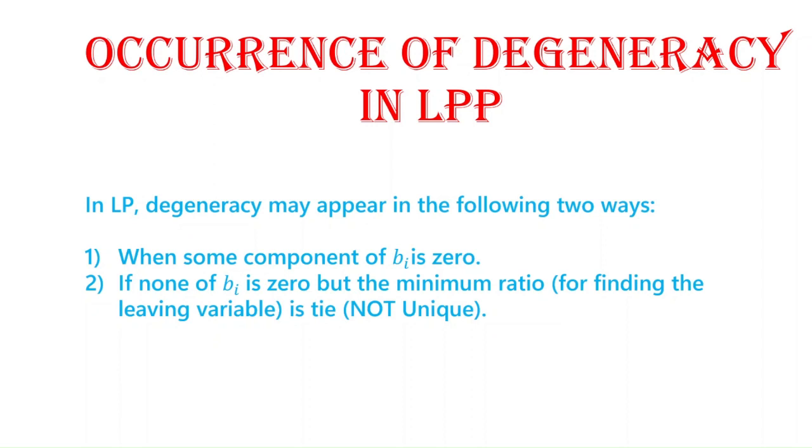Second condition is if none of the bi is 0, but for the minimum ratio that we are finding for the leaving variable, there is a tie, so it is not unique. In that case also we have a degenerate solution in our linear programming problem.